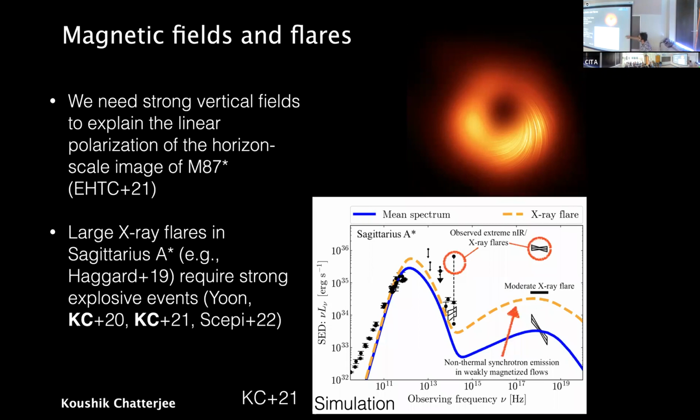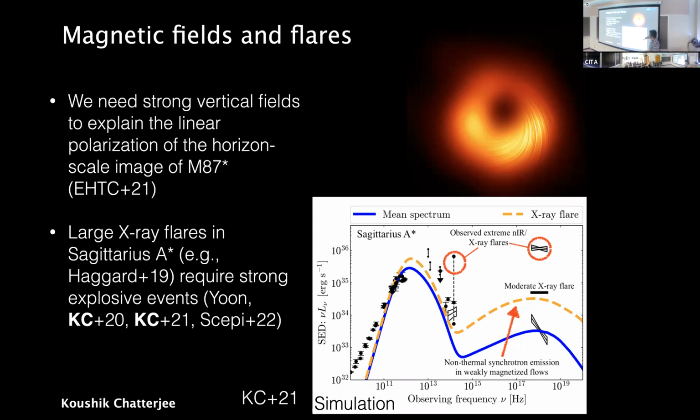And just from such a start, if you do simulations and ray trace and figure out what the multi-wavelength spectrum looks like, this was a case where I didn't account for any synchrotron self-Compton, but only focused on a thermal synchrotron model and a non-thermal synchrotron model.